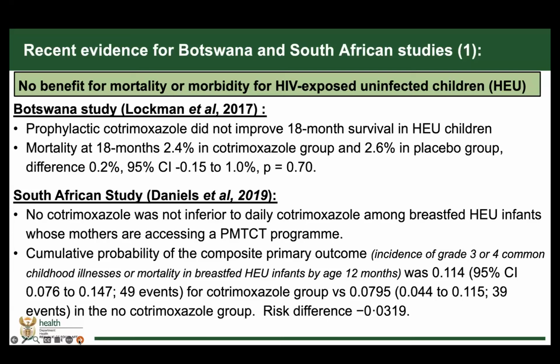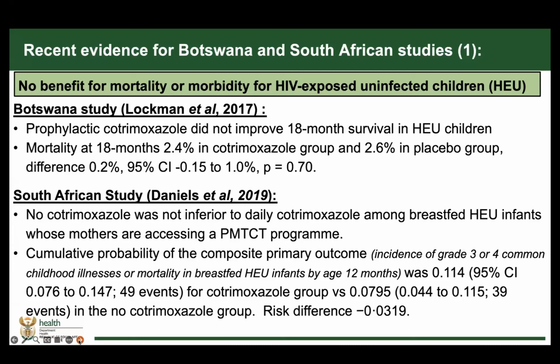In an additional study done in South Africa, in KZN, what they found was that no cotrimoxazole was not inferior to daily cotrimoxazole in breastfed HIV-exposed uninfected infants of mothers who are accessing PMTCT services.